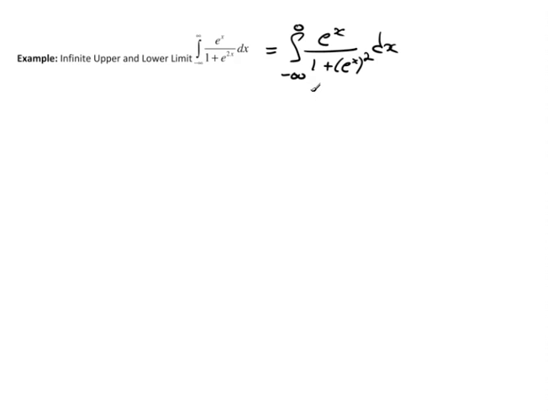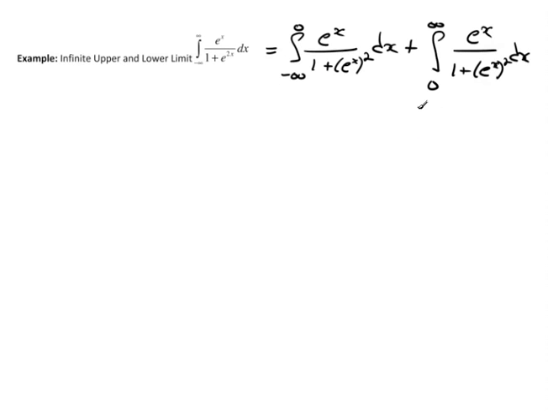That just helps me see a little bit better what I'm going to end up doing here. And then I'm going to add that to the integral from 0 to infinity of e to the x over 1 plus e to the x squared dx.